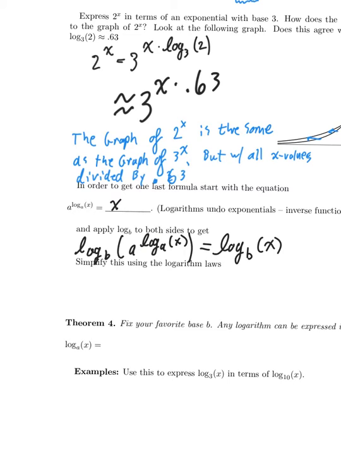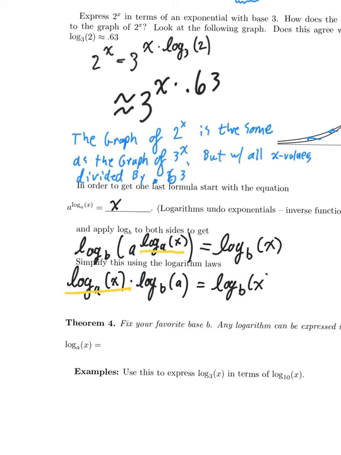I see an exponential there. So what'll I get? I'll see log base a of x. I can pull that out of the exponential and write it down as a multiple, log base a of x, multiplied by the log base b of a is equal to the log base b of x.